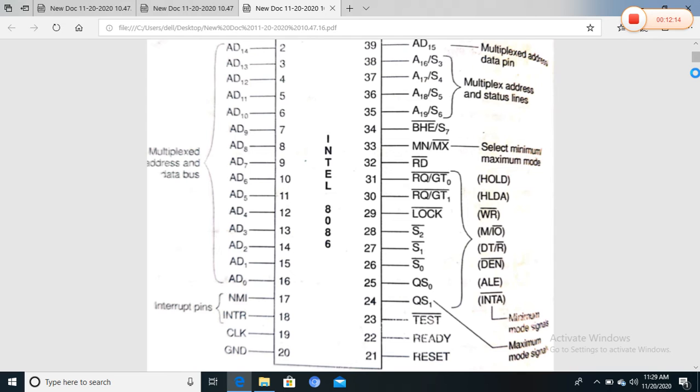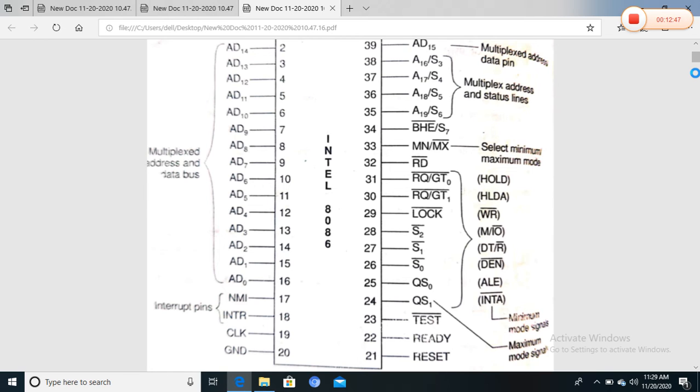BHE bar S7 is a time multiplexed line. During T2 to T4, the status signal S7 is transmitted on this line, and it remains always high. This bus high enable status pin is used to indicate the transfer of data over the higher order data lines, D8 to D15 of AD0 to AD15.